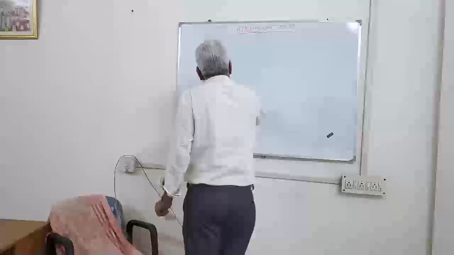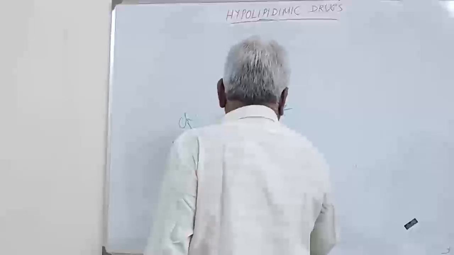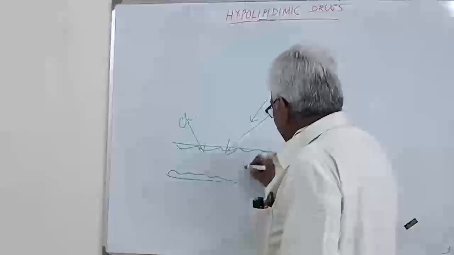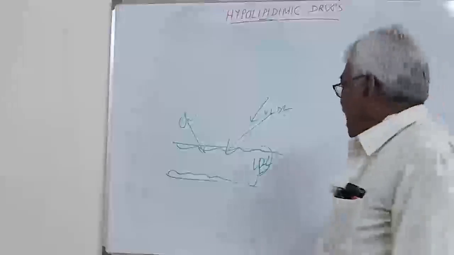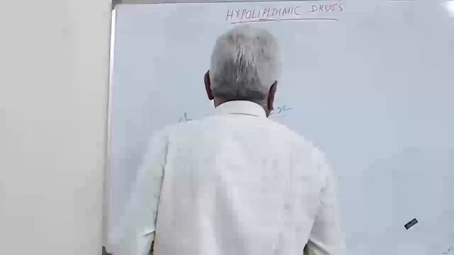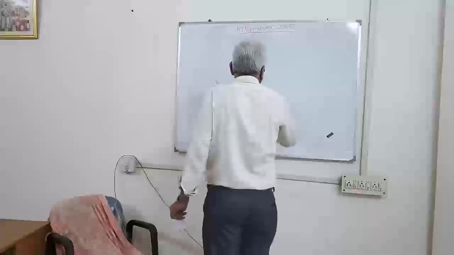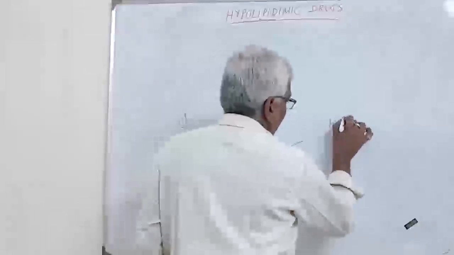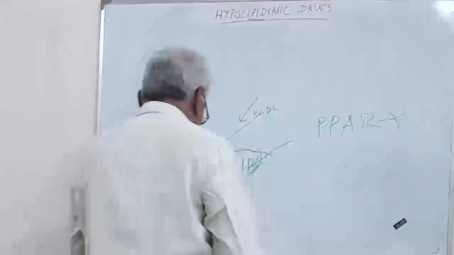When the chylomicron or the VLDL comes to the circulation, the capillary, it is acted on by lipoprotein lipase. The more this lipoprotein lipase is activated, the more triglyceride is removed, and the drug is clofibrate. This lipoprotein lipase is activated by PPAR alpha. What is PPAR alpha?